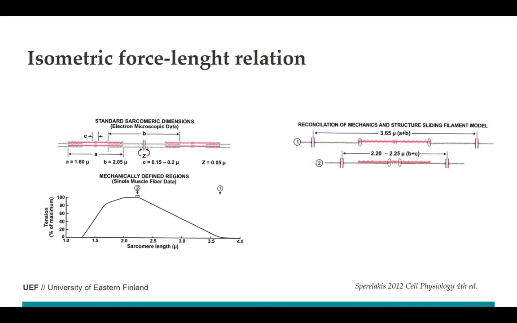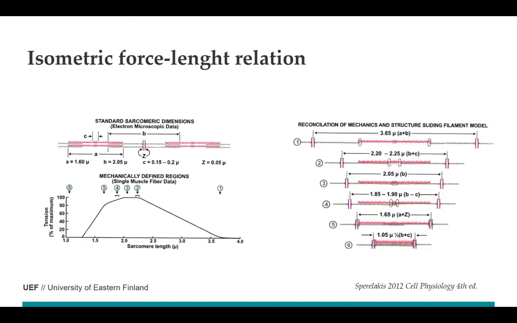When they are closer to each other, they are making more force, so there's more tension that can be produced. But sooner or later, the thick filaments are touching each other. And if they are more overlapping, then these thick filaments are overlapping, and that will reduce the force that they will make.